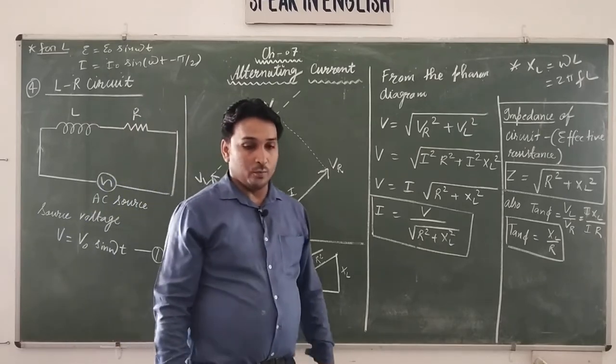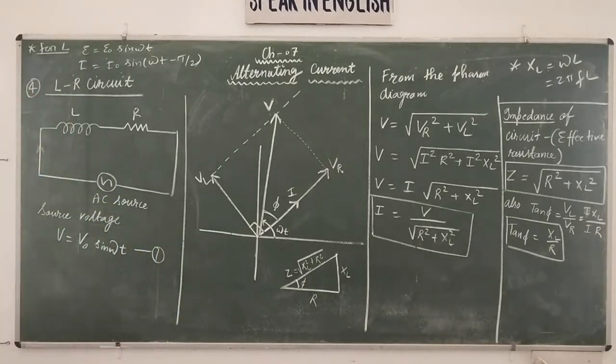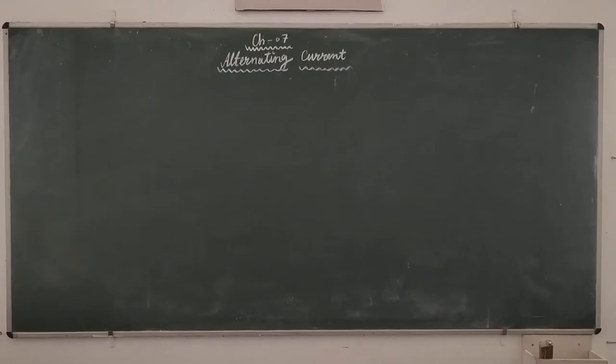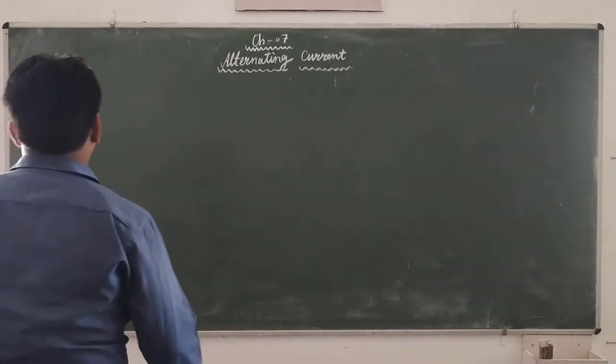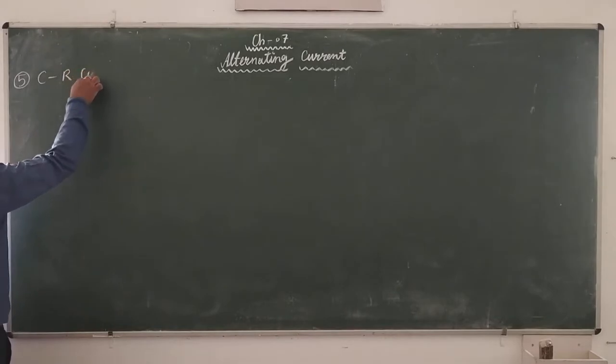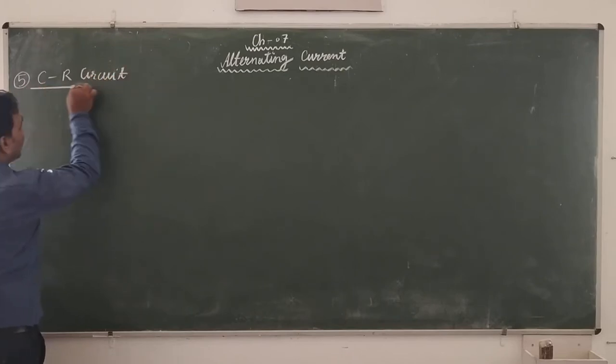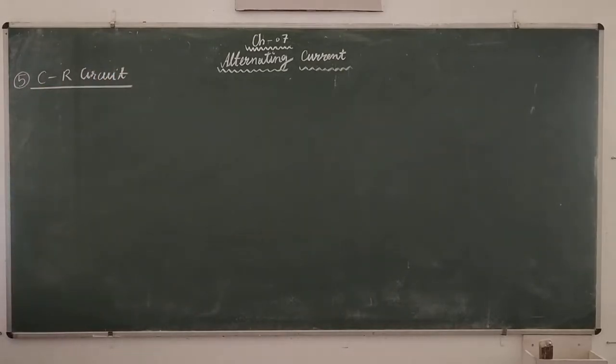Now we have to proceed and do the CR circuit, the capacitor resistor circuit. Now let us understand the fifth circuit, and the fifth circuit is the CR circuit. C stands for capacitor and R stands for resistor.